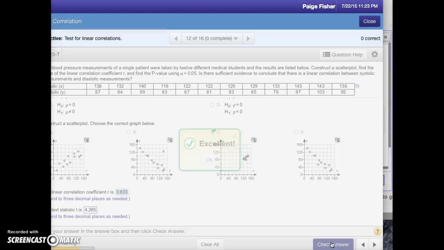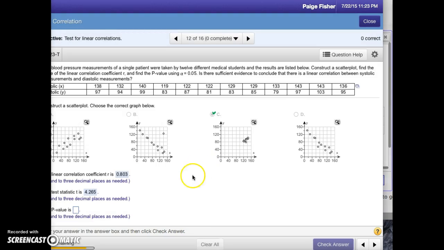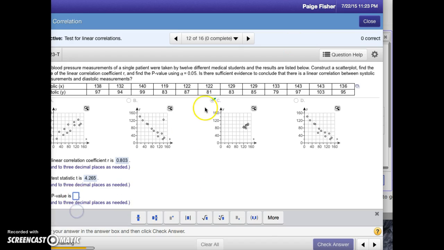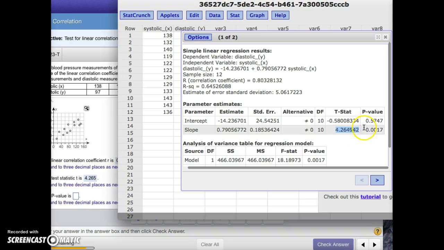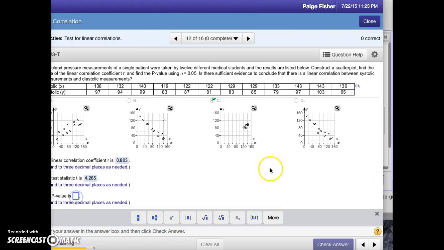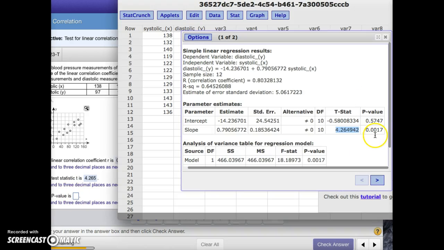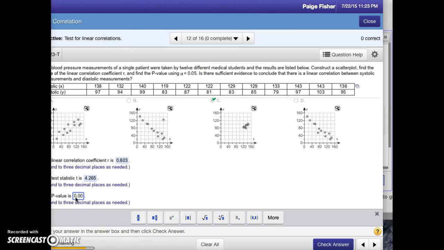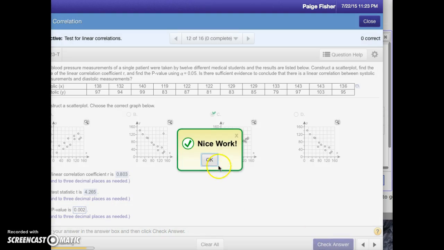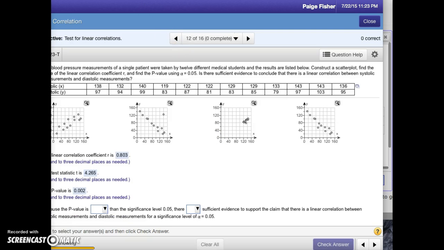Check our answer, and that's correct. And then our p-value associated with that was 0.0017. So rounded to 3 decimal places, it's 0.002. Check answer, and that's right.